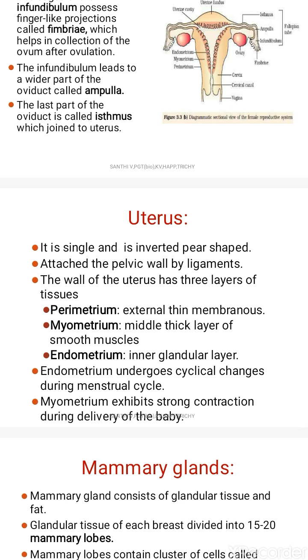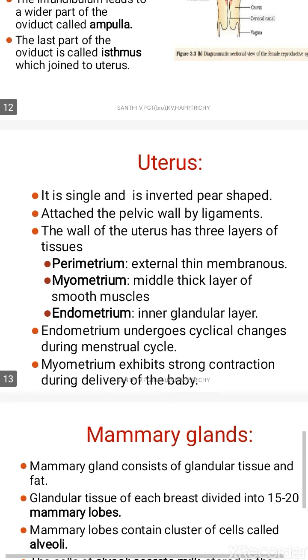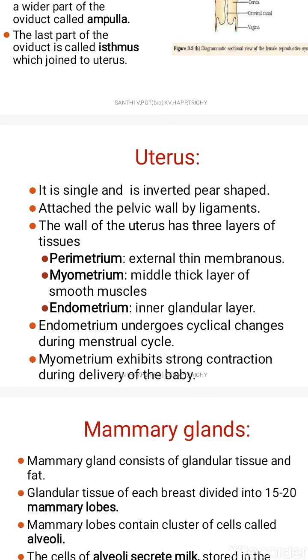The myometrium is the middle layer, made up of a thick layer of smooth muscles. The endometrium is the inner glandular layer, and it undergoes cyclic changes during the menstrual cycle.